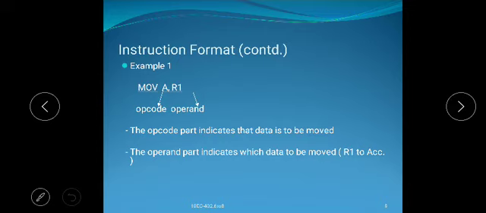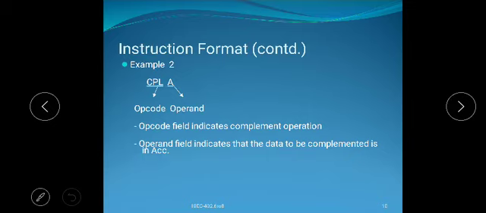MOV A, R1 is data transfer. A is the opcode and R1 is the operand. The opcode part indicates that the data is to be moved. The operand part indicates which data is to be moved, that is, R1 to accumulator.